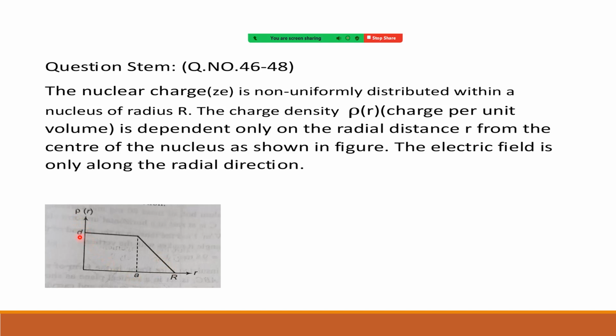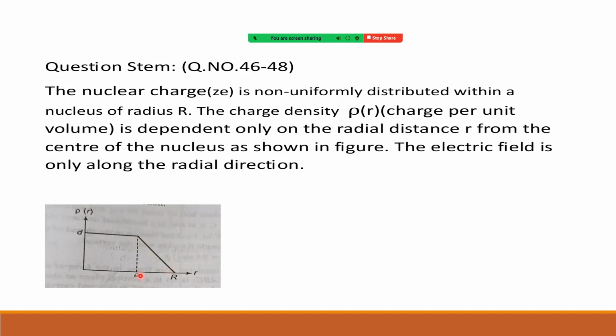In this graph, from the center of the nucleus up to some distance, density is constant, and after that, density decreases linearly up to the surface. Is the point clear? I am repeating.